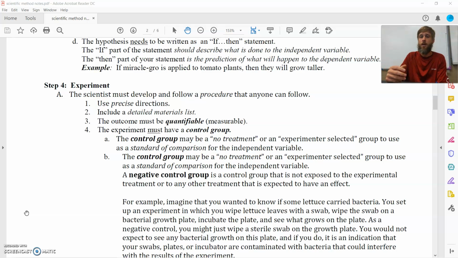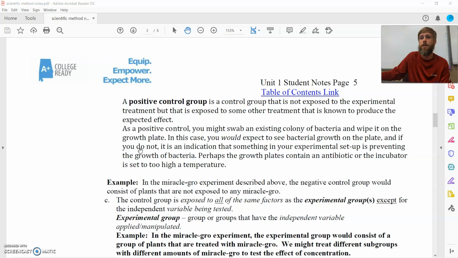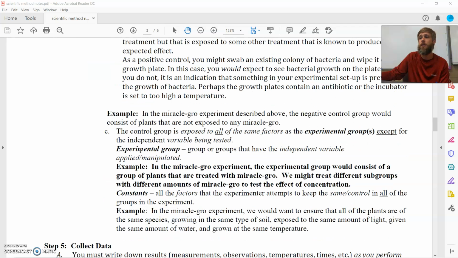So then, for the independent variable, maybe you test different tomato plants with different amounts of Miracle-Gro. That's your independent variable. But how do you know how much of an effect Miracle-Gro has on the plants if you do not have a control without the Miracle-Gro? So the control group is highly important. And then obviously it would not work without the experimental group.